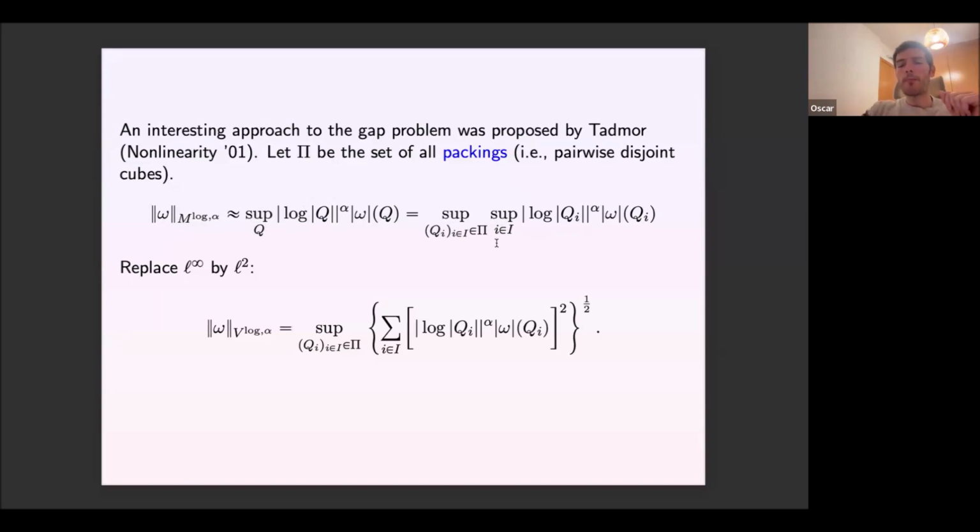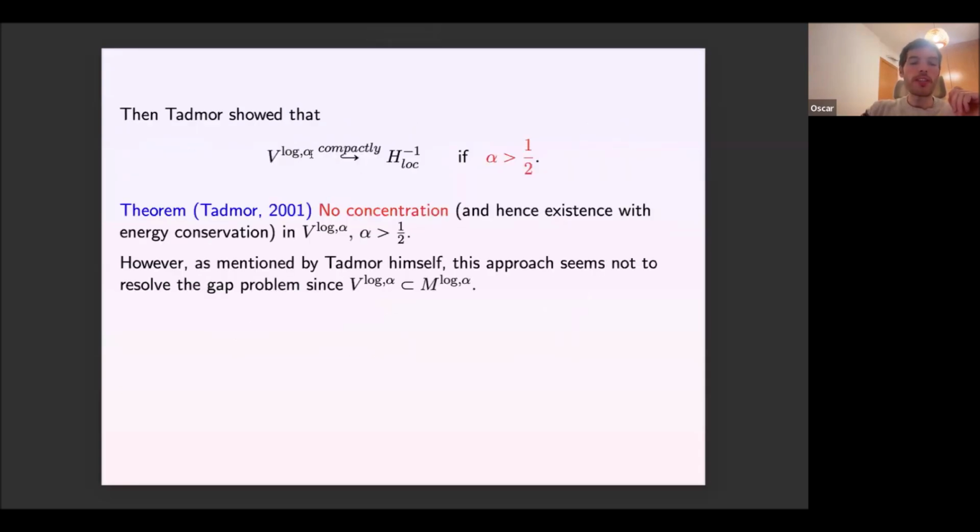And then Tadmor proposed to replace the inner L infinity norm by the little L2 norm here. And then he introduced these V spaces, okay, with log regularity alpha. And working with this new scale of regularity spaces, Tadmor is able to achieve the expected threshold, namely alpha larger than 1/2.